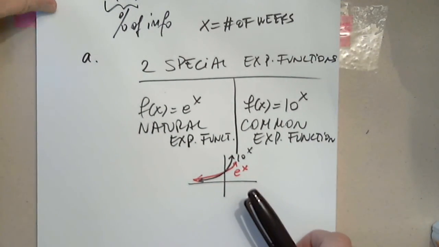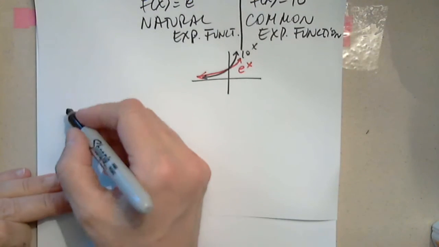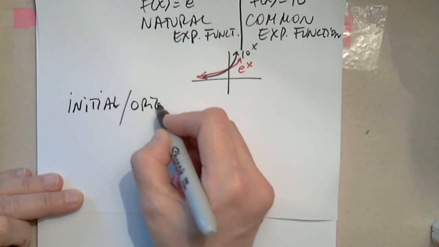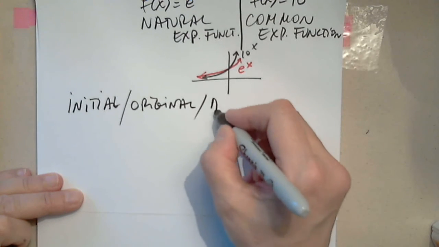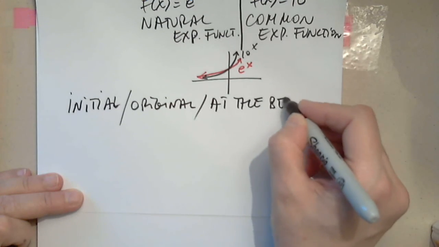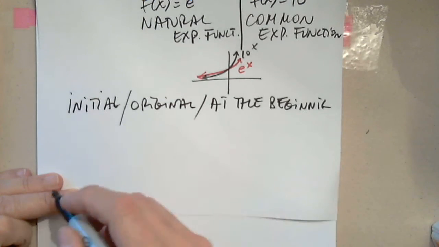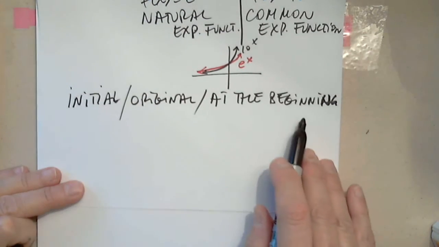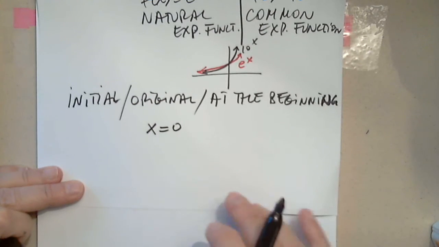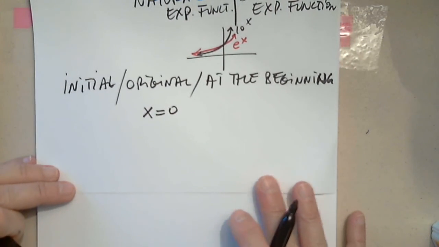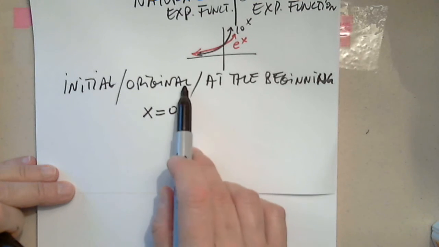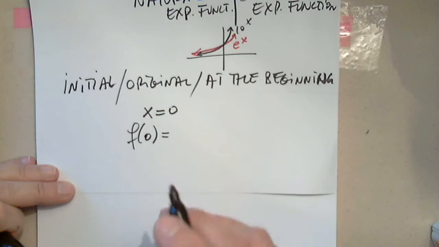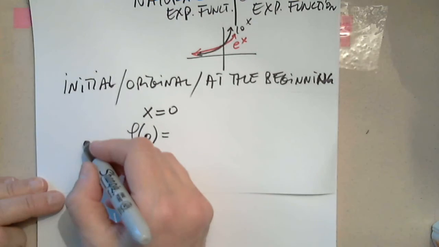Every time we are asked to determine the percent that is initial or original or at the beginning, all these are really asking us to plug in 0 for x. If I'm asked to find the initial value, the original value, or whatever happened at the beginning, I have to determine f of 0. So this is part A.